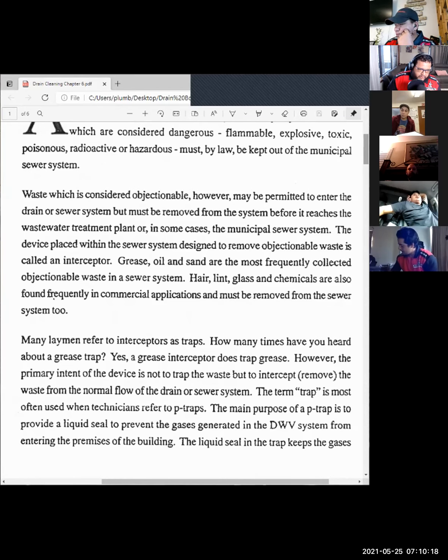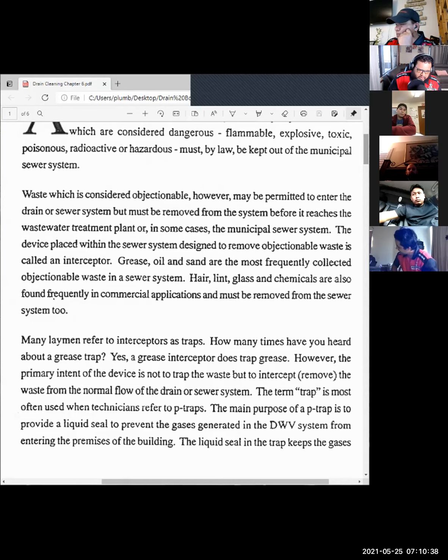Waste which is considered objectable, however, may be permitted to enter drain or sewer systems, but must be removed from the system before it reaches the wastewater treatment plant, or in some cases the municipal sewer system. The device placed within the sewer system designed to remove the objectable waste is called an interceptor.